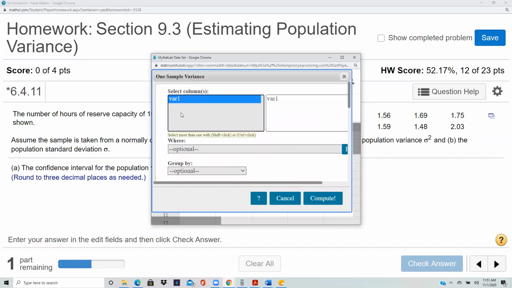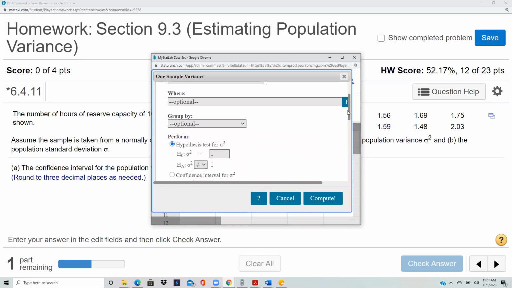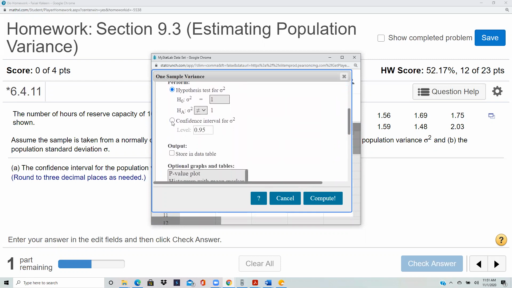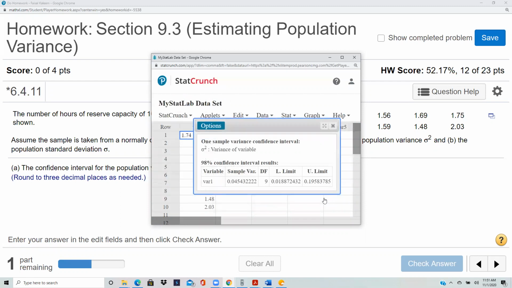Select the column and select the correct confidence, 98, and compute. So 0.019 and 0.120.